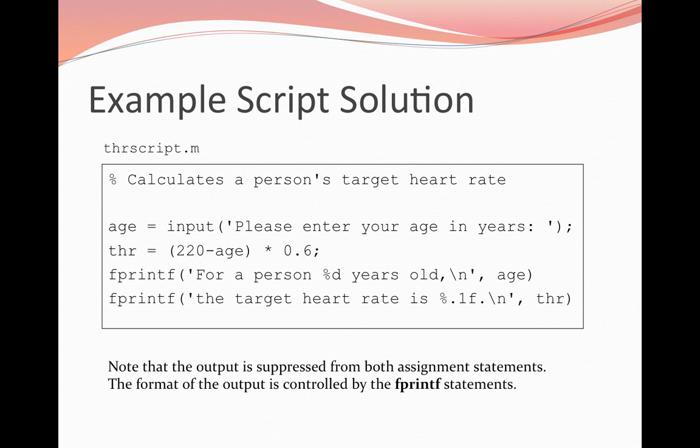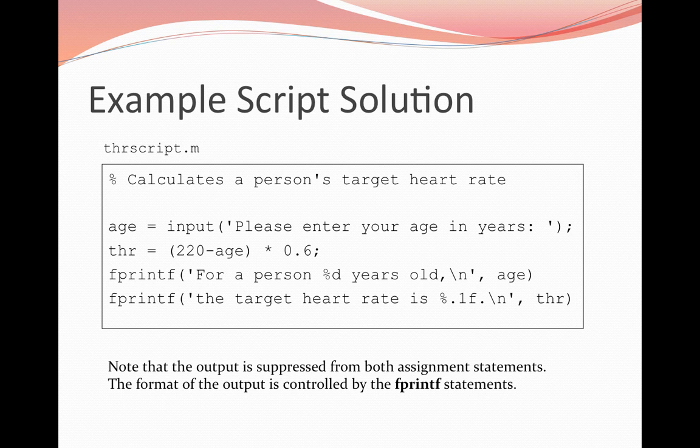Then we calculate the target heart rate, 220 minus age times 0.6, and store that in a variable THR. And again, suppress the output from that so we don't see the THR equals and then the number when we execute the script. The reason we do that is because we want to format the output using fprintf. So I'm going to print, first of all, for a person, and then %d is the placeholder, and the value of age fills in that location.